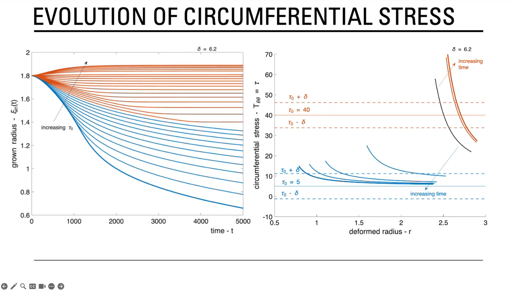So what's going on? Well, if I take the last curve and look at the circumferential stress initially when we first started out, the evolution of that airway causes the constituents to change in such a way that you end up with this thick blue curve here. On the other hand, if I start with the same initial condition, but up at the top, the thickest orange curve there, and look at the evolution of the stresses for increasing time, you see that you get this sort of thing happening.